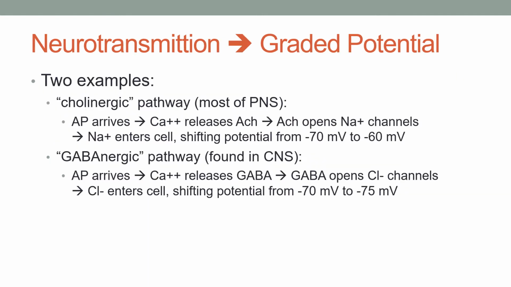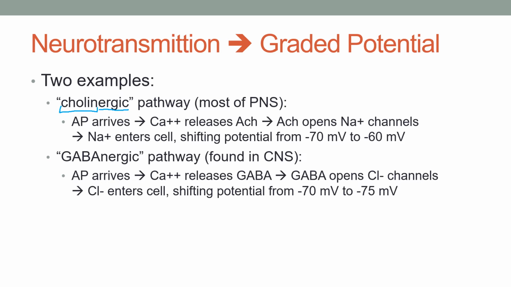Here are two examples. In a cholinergic pathway, which is most of the peripheral nervous system, that uses acetylcholine as the neurotransmitter. Whenever you see this ergic terminology, this means that the pathway is energized by a particular neurotransmitter. So look at what comes before the ergic and try to interpret that.